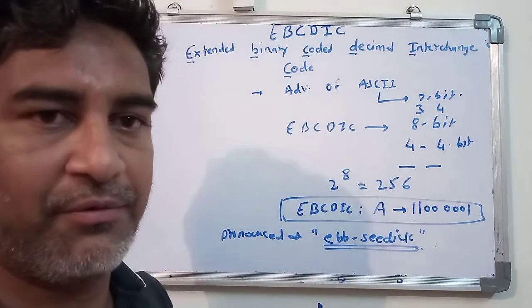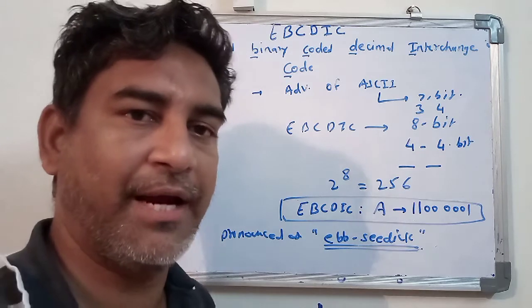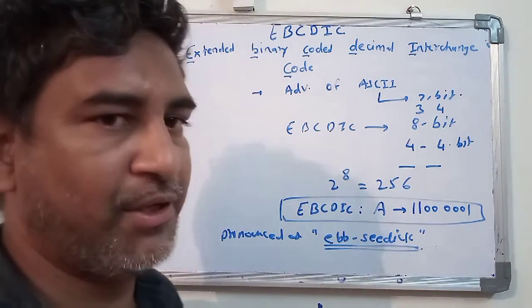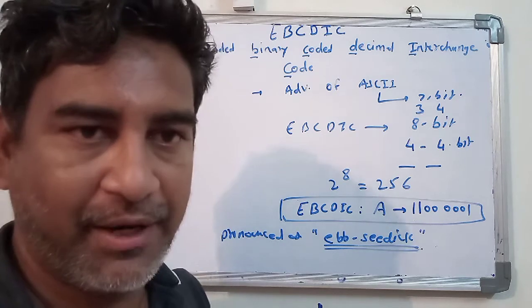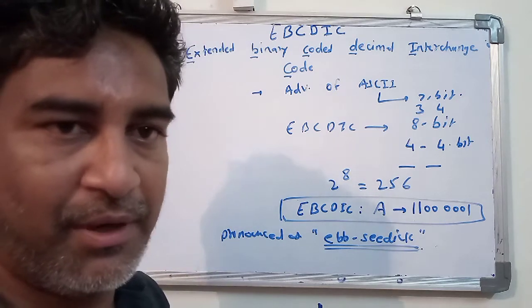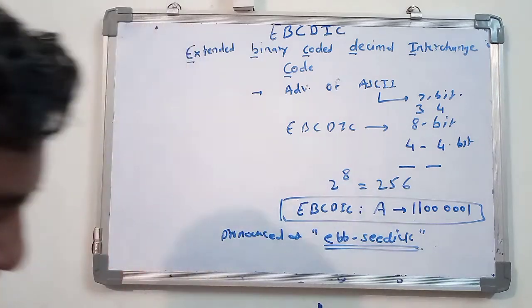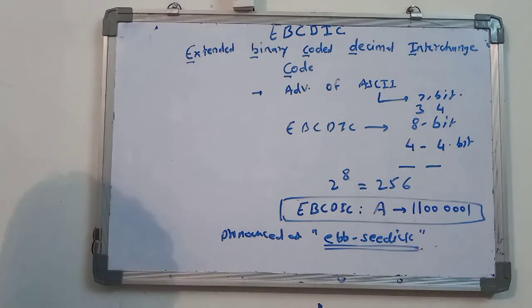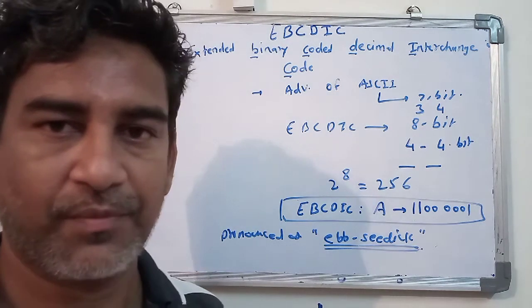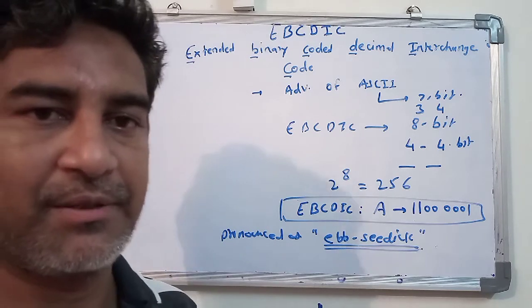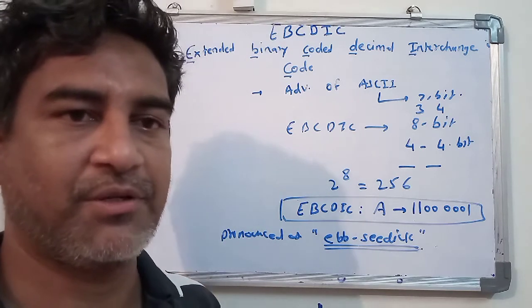That 256 is the advance of ASCII. This EBCDIC was developed in the laboratory in America, that is IBM, where it is situated. In this formation it is compatible with that particular system also, and due to that acceptance you have this particular value.